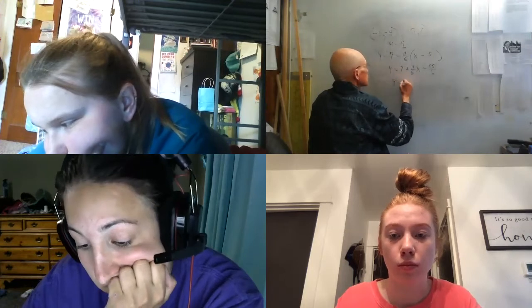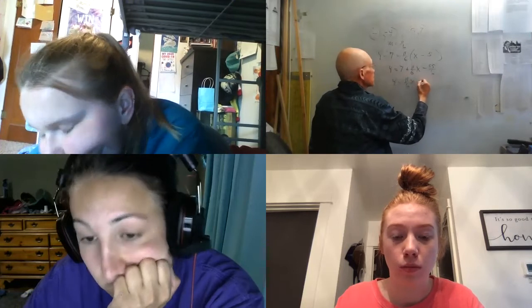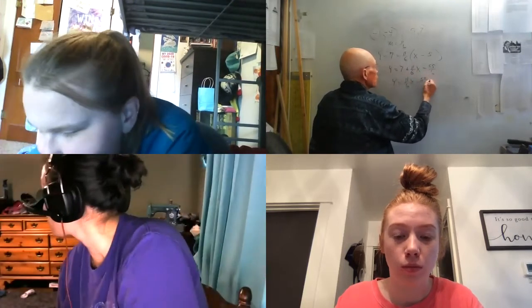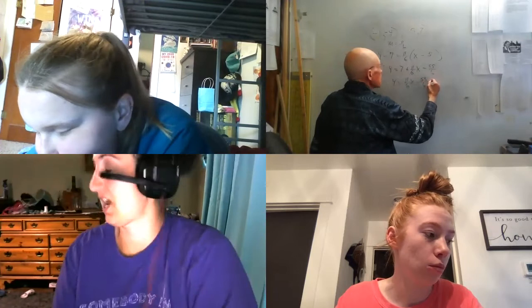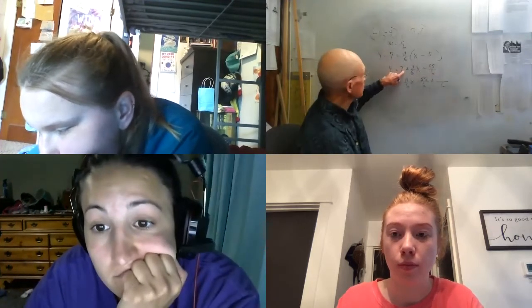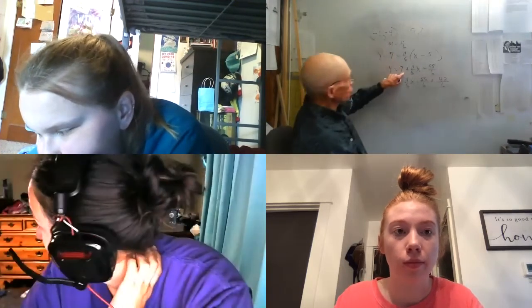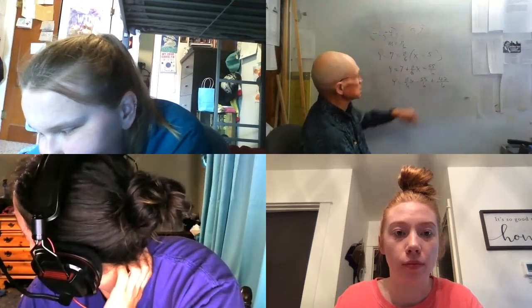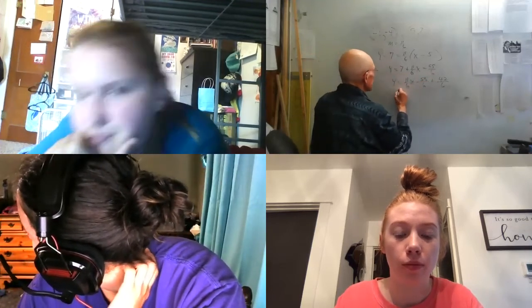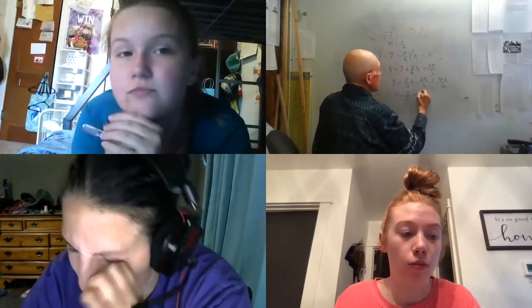So y equals 11/6x minus 55/6 plus, and I need a 6 here. How many 6s are in 7? Well, 6 times 7 is 42, isn't it? So another way to write 7 is 42 divided by 6. Now we've got a common denominator, so y equals 11/6x.